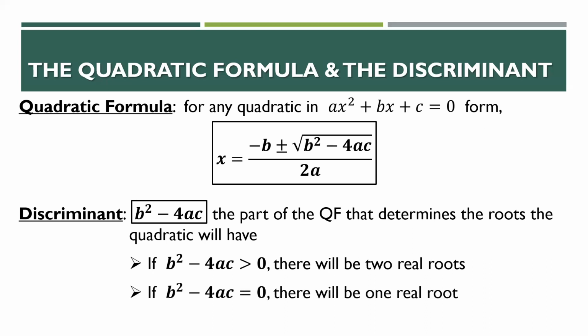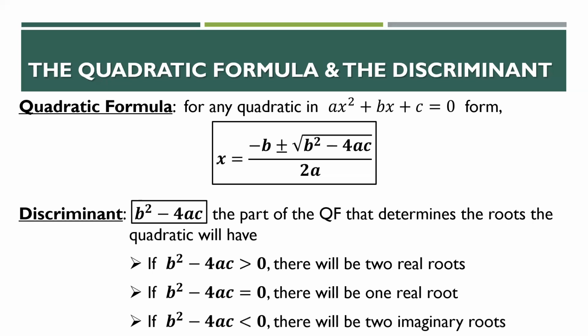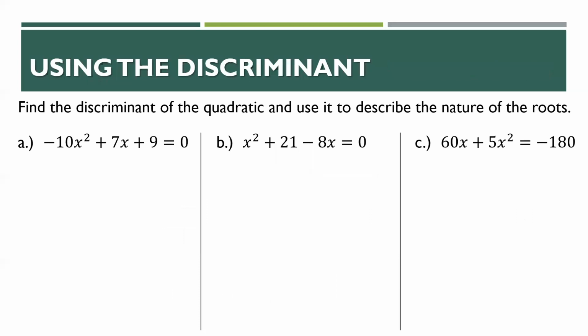If your quadratic discriminant value ends up being equal to 0, what that means is there's going to be 1 real root, because plus or minus the square root of 0 is going to give you 0 both times. So you'll only have 1 real root. And then lastly, if that discriminant is less than 0, so you get a negative value underneath your square root, you're going to have 2 imaginary roots from that.